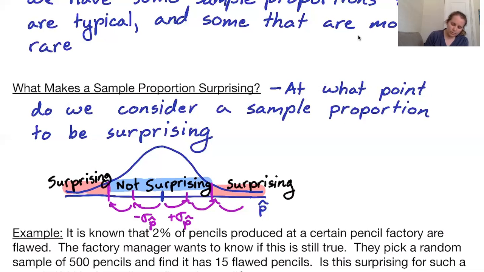So essentially anything more than two standard deviations away from the mean is surprising.